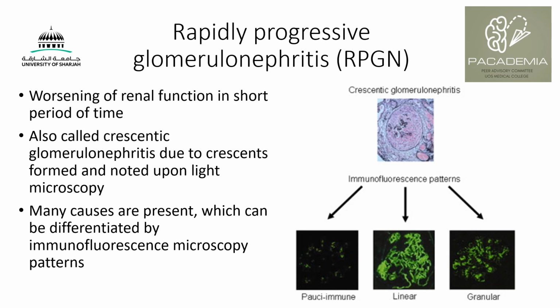So here you can see that we have the crescentic glomerulonephritis, and we have different patterns in immunofluorescence. We have pauci-immune, which is negative immunofluorescence, with no immune complexes present here. Linear, and we have granular. Previously I've seen granular, but today we're going to see the pauci-immune and linear etiology and also see other pictures, inshallah.